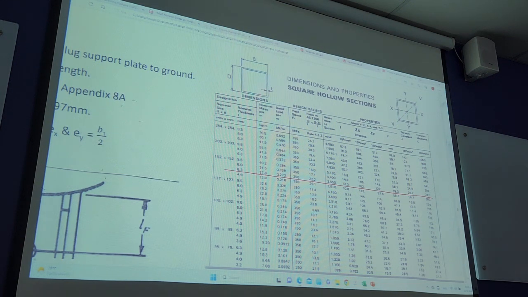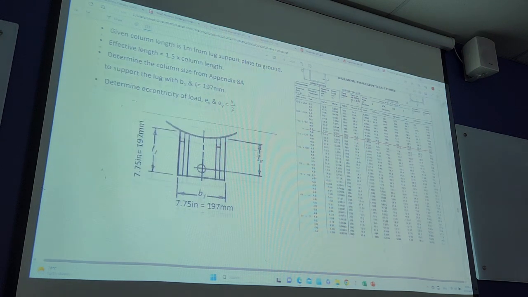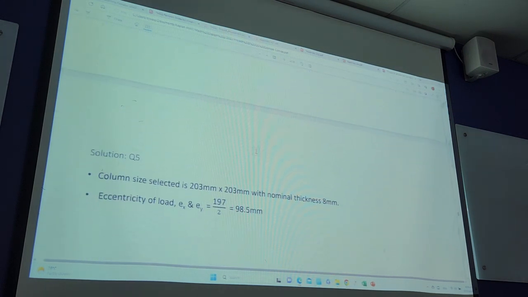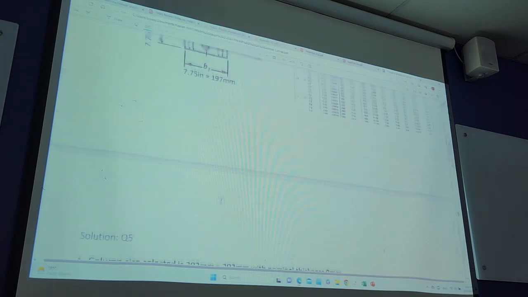So the eccentricity of load is actually half of 197.